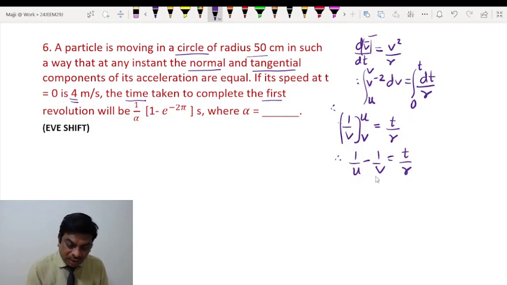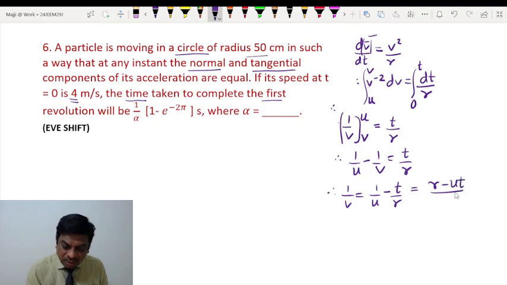So this way you have, let us find out the velocity. So 1 by v will be 1 by u minus t by r. So this will be r minus ut by r. Therefore v, which is equal to ds by dt, is equal to r upon r minus ut.